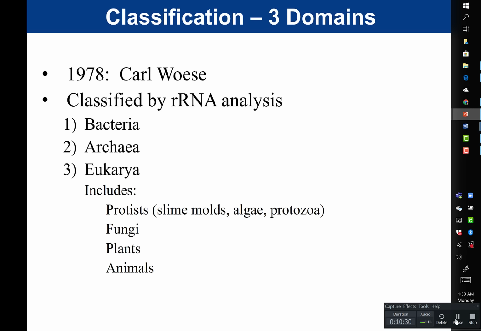So we have, remember, classification, meaning the way that organisms are grouped. Our current system was proposed in 1978 by Carl Woese. The way that he classified organisms was different than the way this had been done historically. The way that organisms used to be classified would be simply by looking at the organisms.